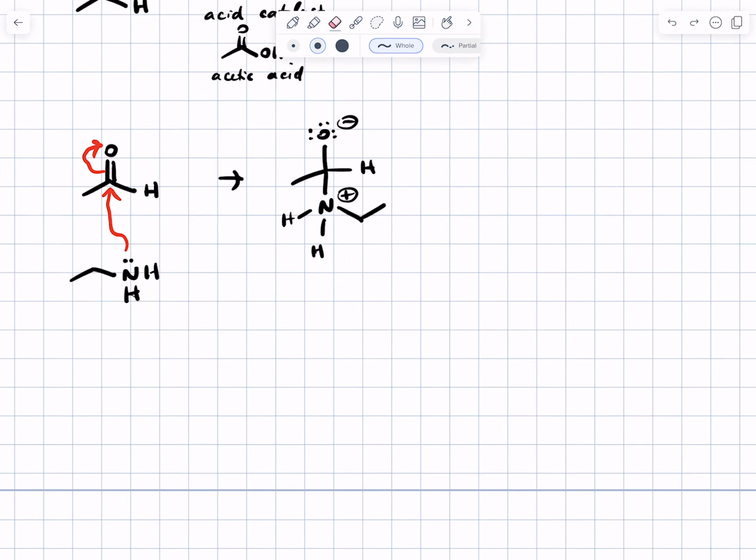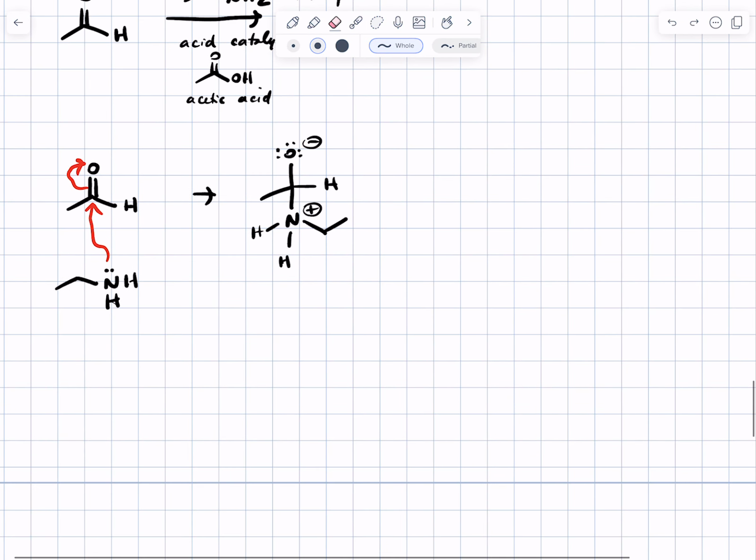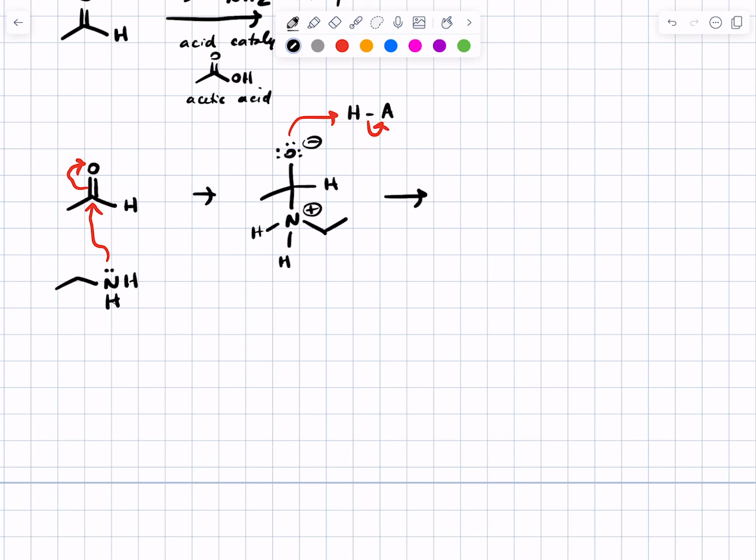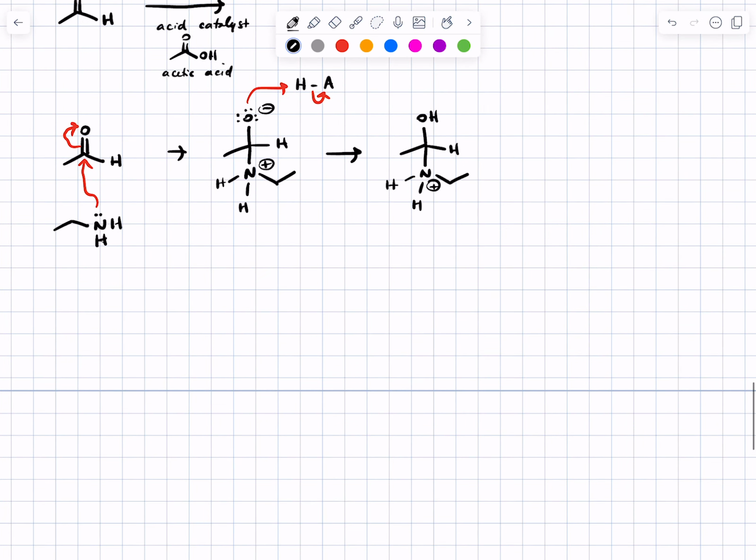Actually, let's just, I'm going to abbreviate our acid catalyst like this. What actually happens in a lot of circumstances is the combination of these first two steps in a single step.